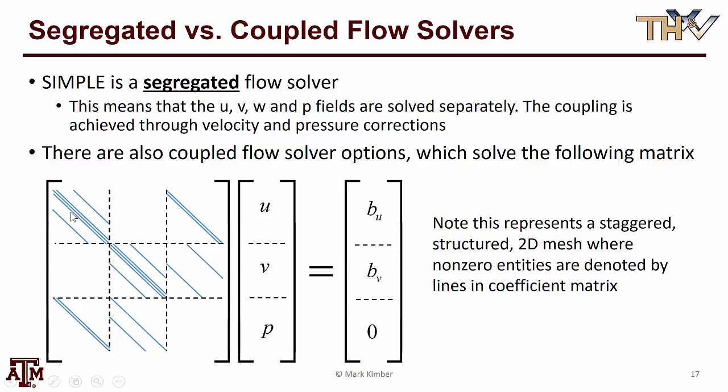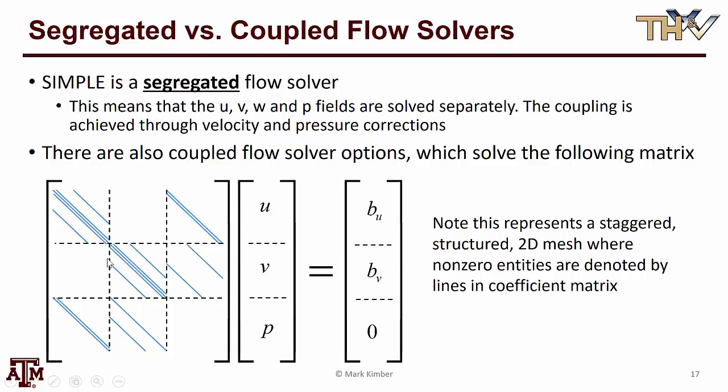So you see in the U momentum, we've got the point P, we've got its east and west neighbors, then we've got our north and south neighbors here. It's not going to be a function of our V velocity, but there will be pressures at least in two locations, one at the current node, and one maybe downwind, one upwind. But you have something similar for V, and then again our continuity equation here on the bottom.